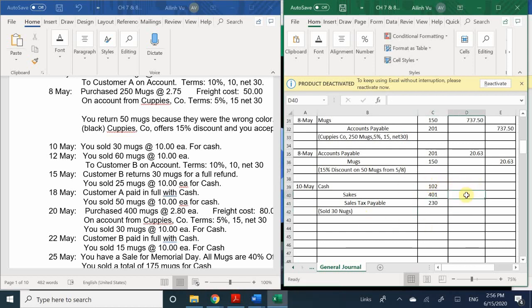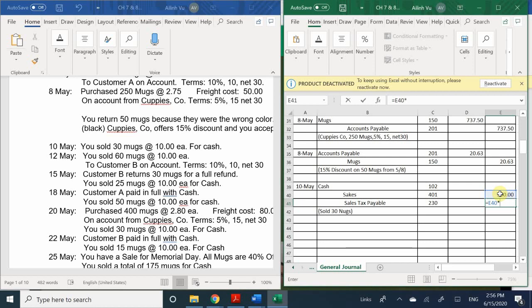Okay. So, how do I calculate my sales? You take these 30 mugs times $10 each. That's 300. Okay, what else? The cash. Oh, sales tax.